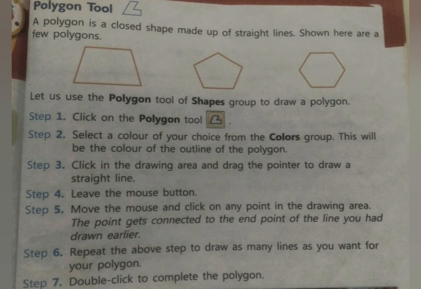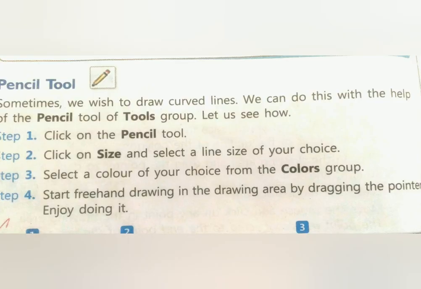Step 6, repeat the above steps to draw as many lines as you want for your polygon. And the last step, step 7, double click to complete the polygon. You have to follow all these steps if you want to draw a polygon in the drawing area.